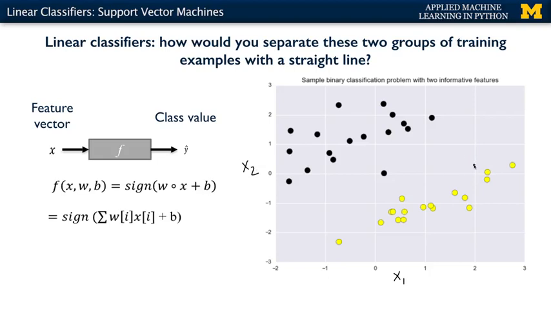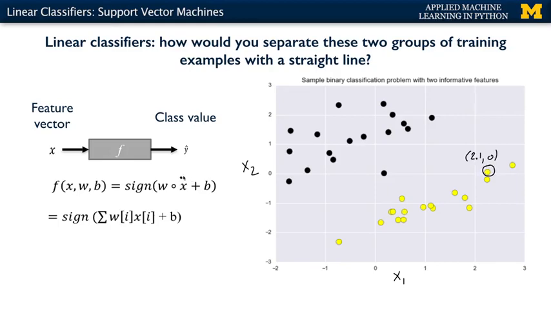Well, in a linear classifier, what we do is we take the feature values assigned to a particular data point. So in this case, it might be 2, 10. That represents the x1 and x2 feature values for this particular instance, let's say.